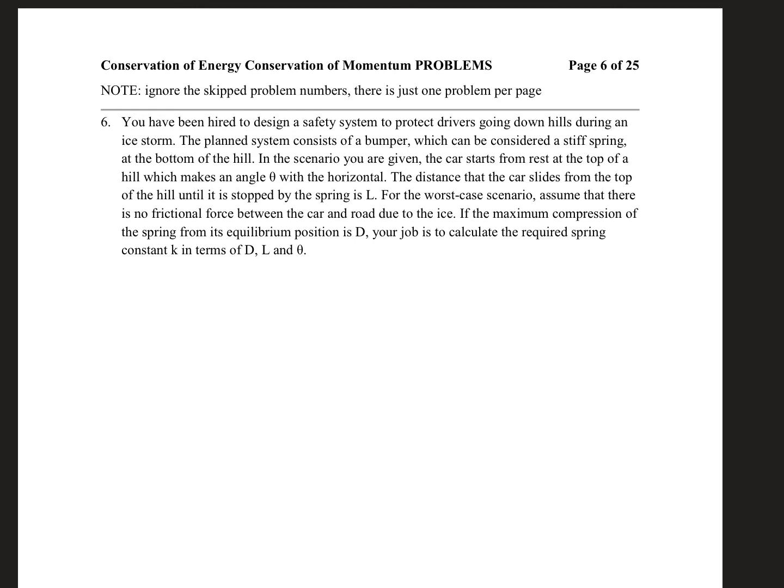So this probably seems a little silly, because basically you're going to put a big spring cushion at the bottom of a hill in case a car loses control on ice and you want to safely stop the car. I've never seen one of these. I doubt I ever will. This sort of thing might be used in, say, an Amazon or FedEx facility so that they don't break things.